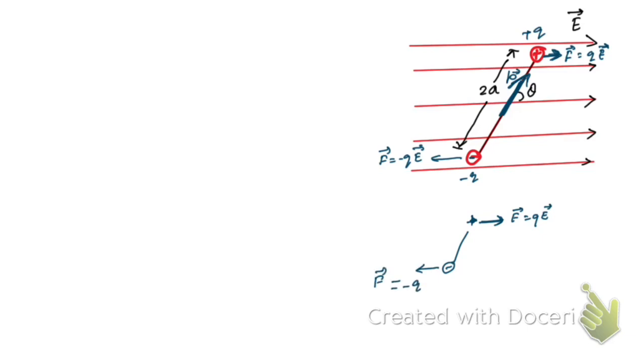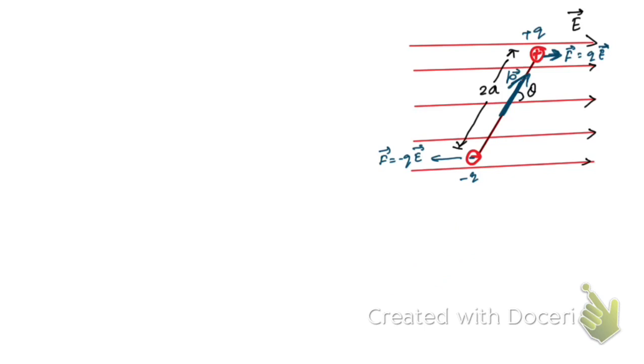These forces are equal and opposite, so the net force acting on the dipole is 0, but the lines of action of these two forces are not in the same line, so there is a couple of forces in opposite direction. Because of this couple, there will be a turning effect. Hope you have understood this.